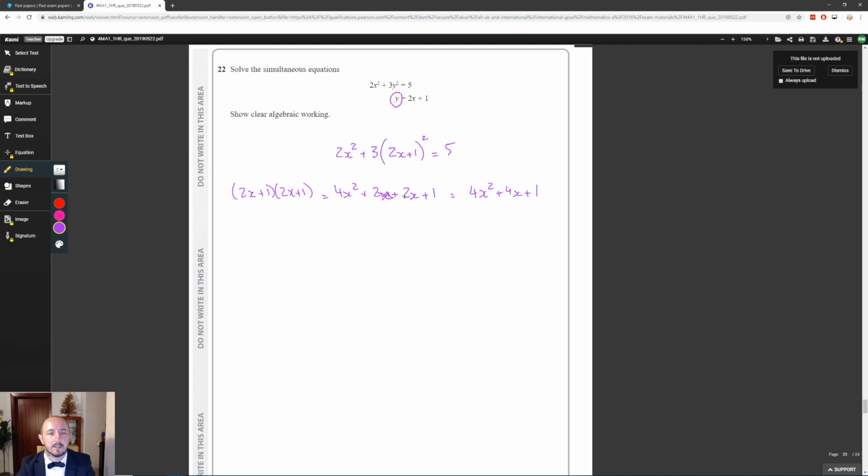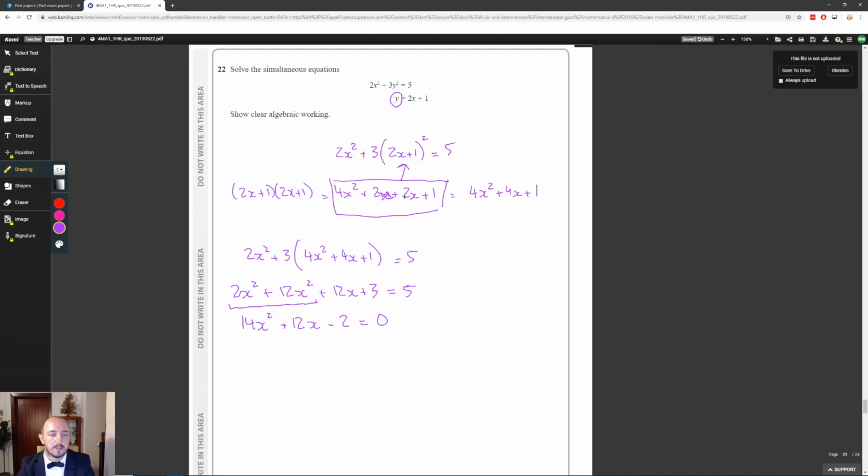So we can now replace all of this in here. So we've got 2x squared plus 3 lots of 4x squared plus 4x plus 1 equals 5. 2x squared plus 12x squared plus 12x plus 3 equals 5, and we need to rearrange this to get a quadratic. 14x squared plus 12x, so I've collected those two together, and now I need to bring the 5 over to make it equal to 0, to make it a -5, so we'll get -2 equals 0.